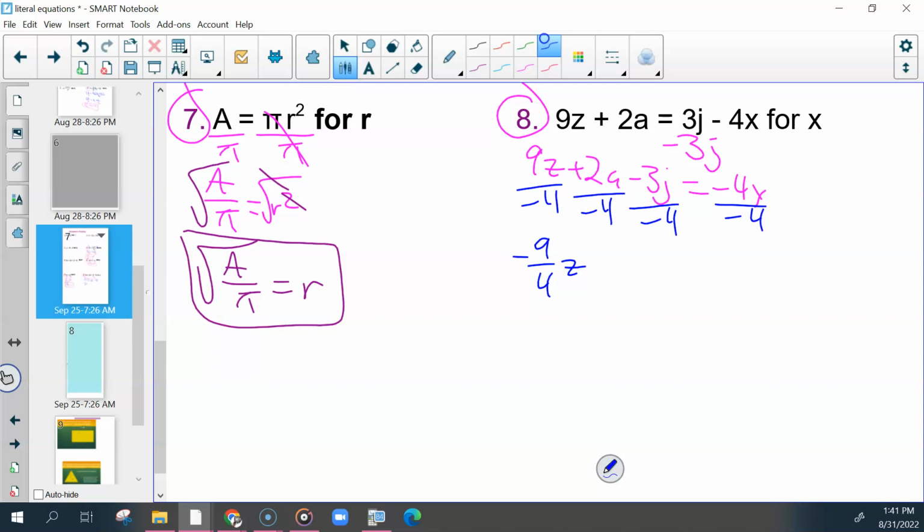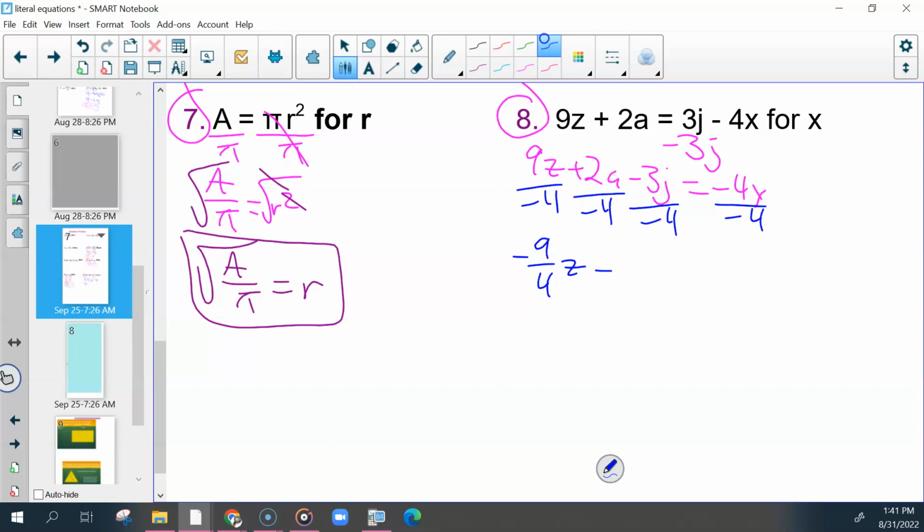This we can simplify to be what? Negative. It would be negative, yes. Negative 1/2, a or negative a over 2.